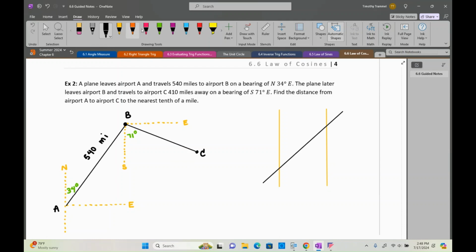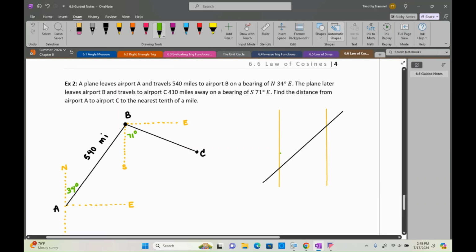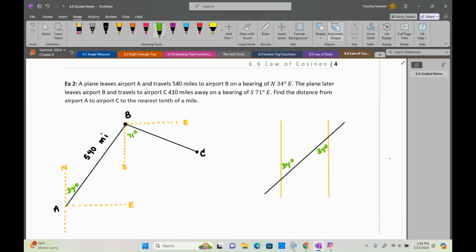What I'm trying to get at is, if this one's 34 degrees, that tells us that this one right here is also 34 degrees. These again are what we call alternate interior angles. Let me just write that up here.